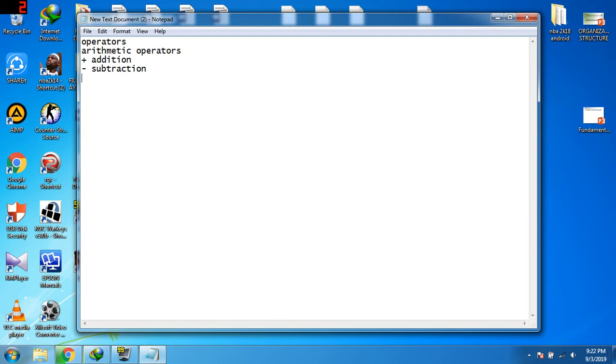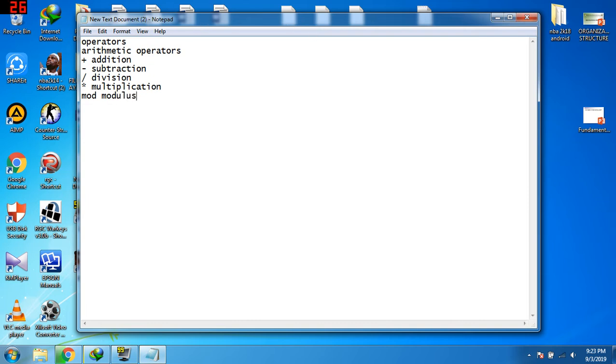Another is we have division. We also have the asterisk sign for multiplication. And we have ano pa yung kulang natin? We have what we call MOD for modulus.